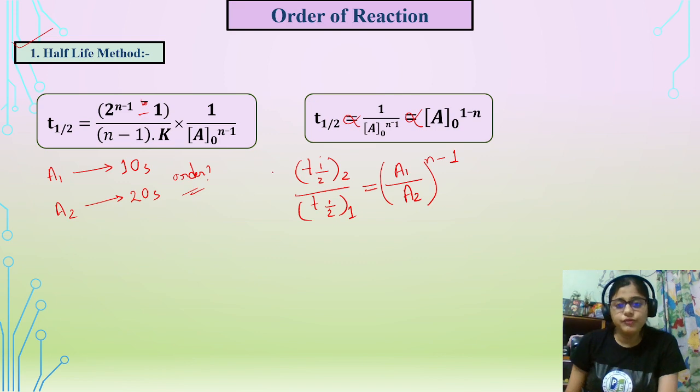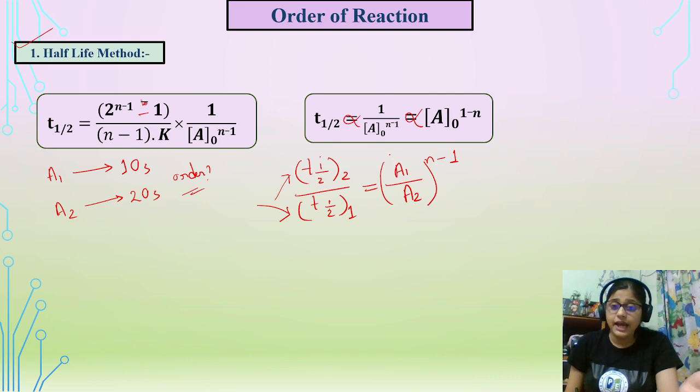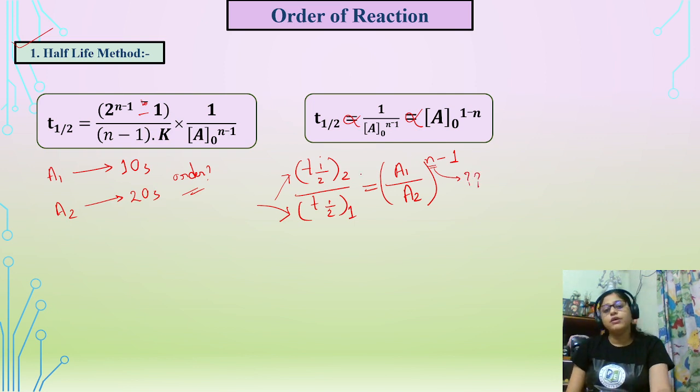So if you know this value and this value, and two concentrations are also given, then you can determine the order of the reaction. Okay, so that's how you can take log on both sides, that will be simpler.